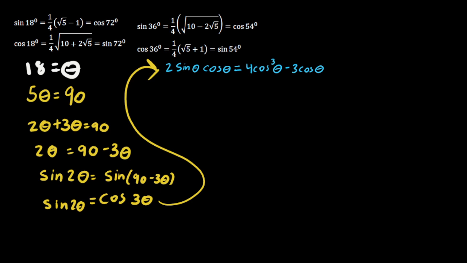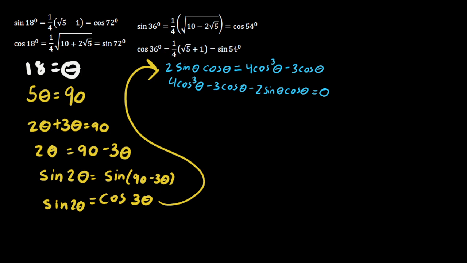Alright, so if we shift this all to one side, we get 4 cos cube theta minus 3 cos theta minus 2 sine theta cos theta equals 0. Alright?